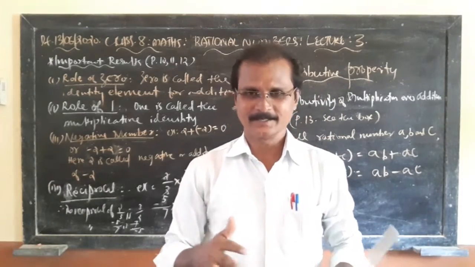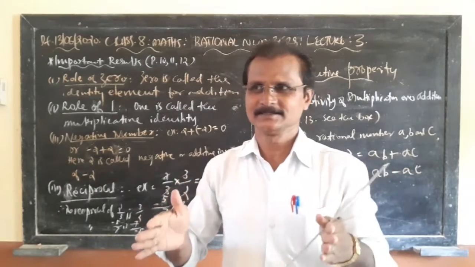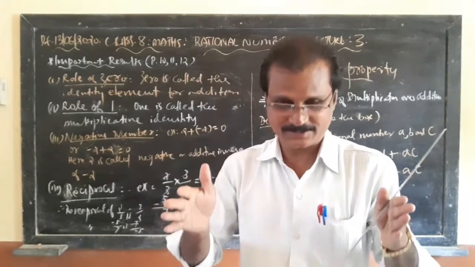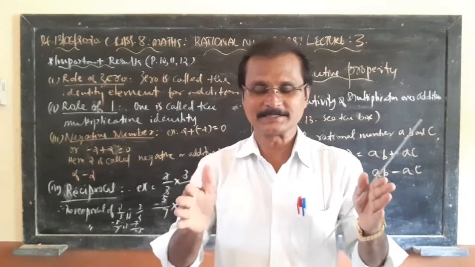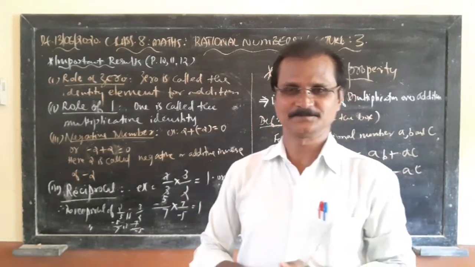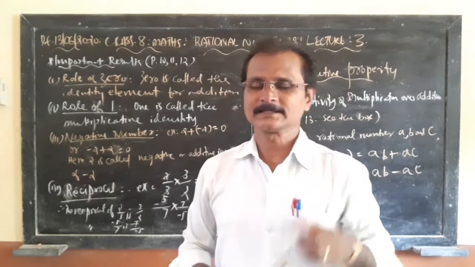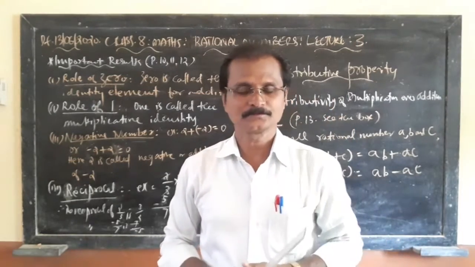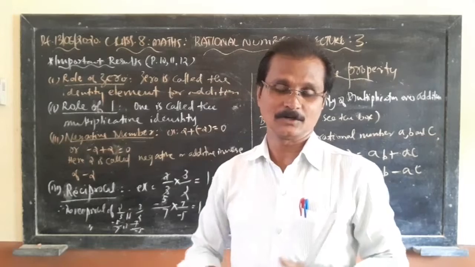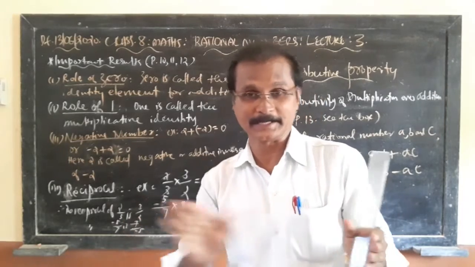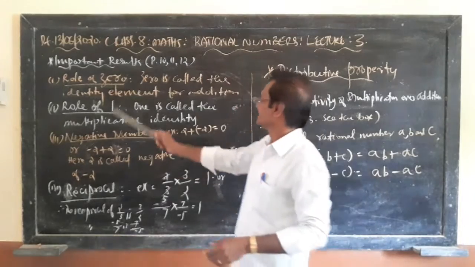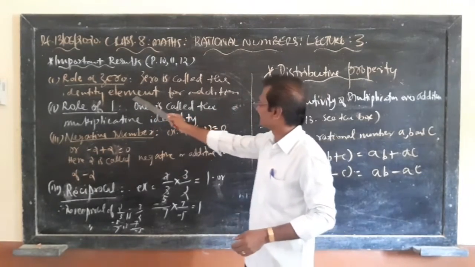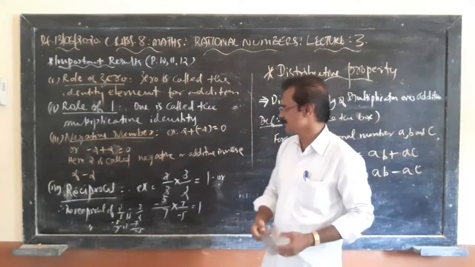If you want to rest the vehicle, we need to keep it in the neutral gear. So that's why 0 is not harmful for any number in addition. That is why 0 is called an identity element for addition.